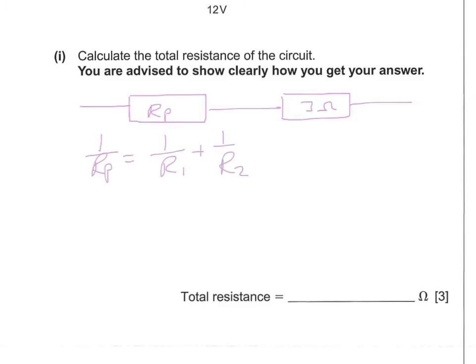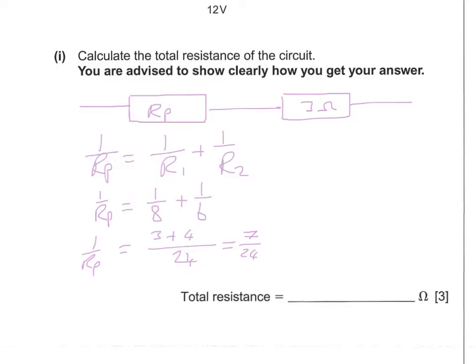So when we have 2 resistances in parallel, then 1 over RP equals 1 over R1 plus 1 over R2, where R1 and R2 are the 2 resistors we're talking about. So R1 was 8 ohms and R2 was 6 ohms. So we'll need to take a common denominator here. And if the common denominator is 24, then an 8th written as 24ths is going to be 3 of them, and a 6th written as 24ths is going to be 4 of them.